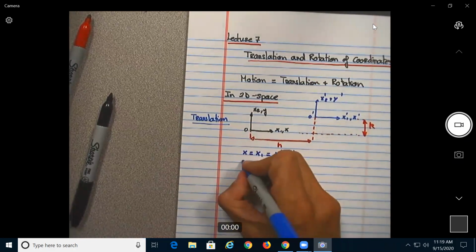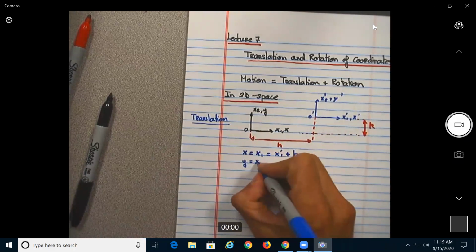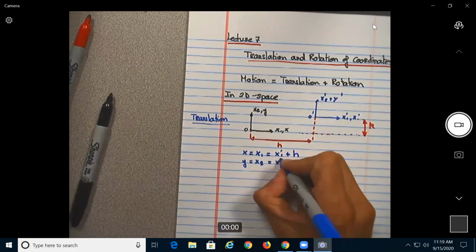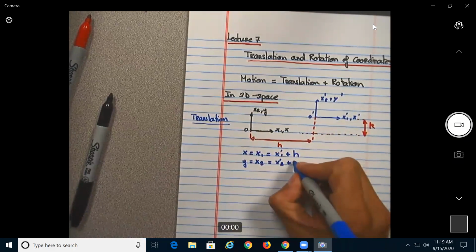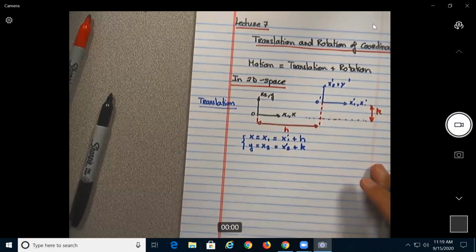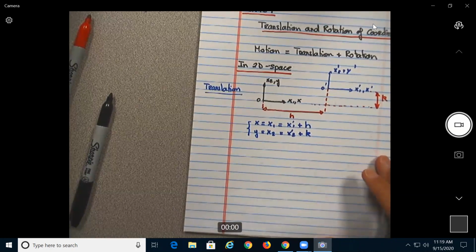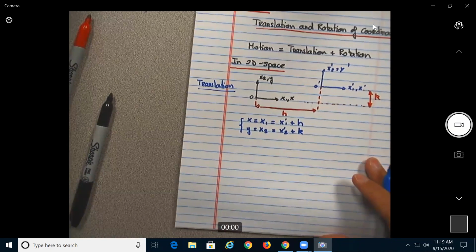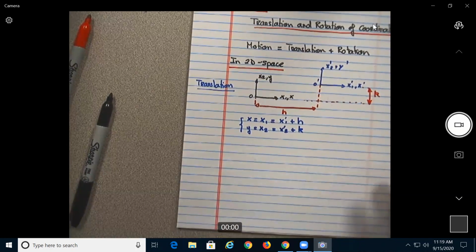And if it moves vertically, x2 will be equal to x prime 2 plus k. So this would just take care of the translation.